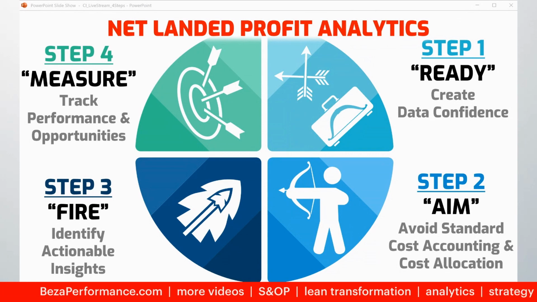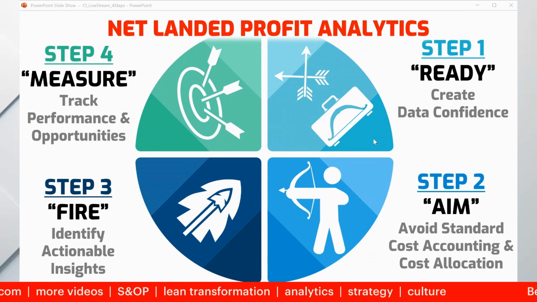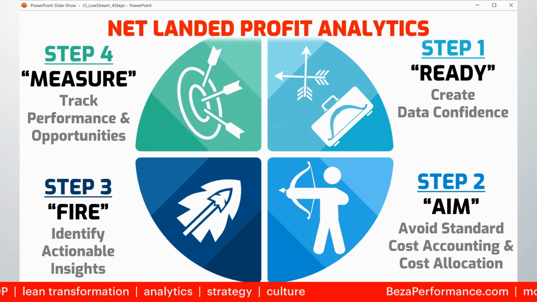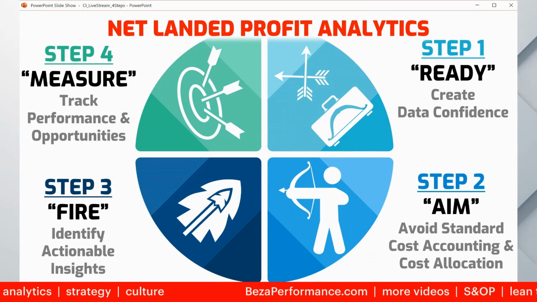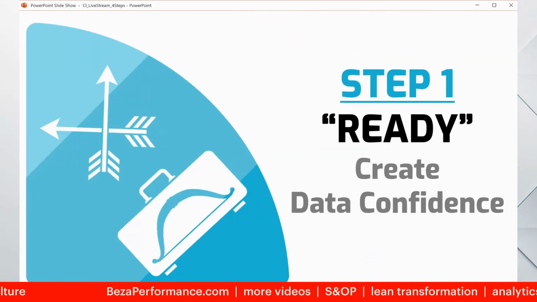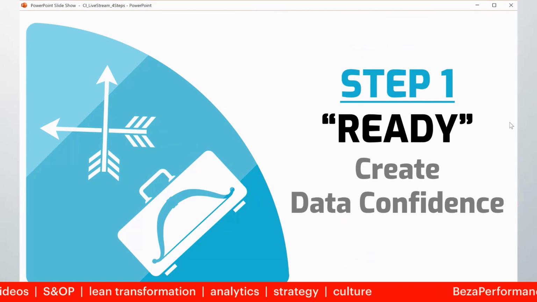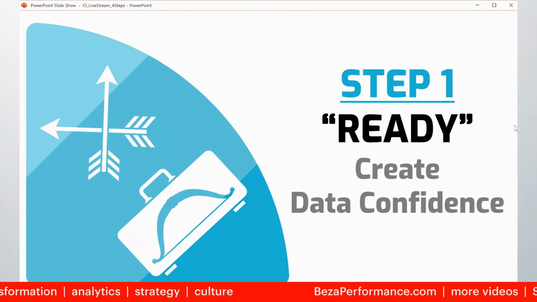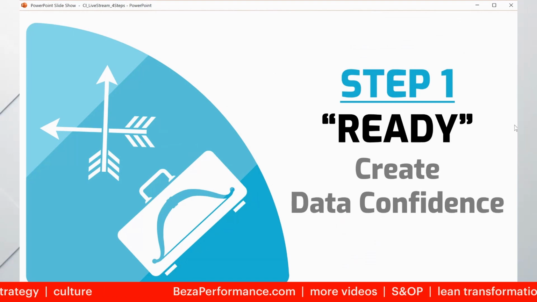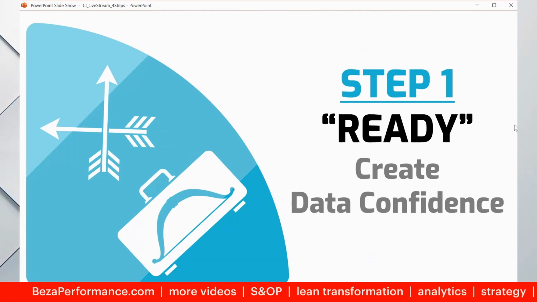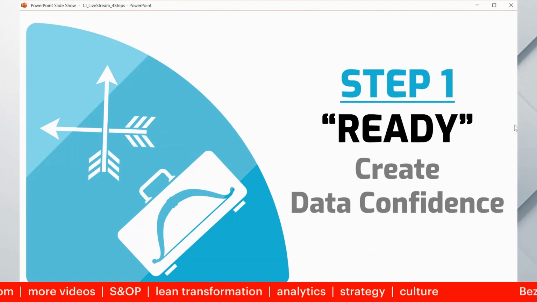Step one is data. Everybody knows the term garbage in, garbage out. But when you're talking about an end to end supply chain, and you're looking at every product, every way that product traverses your operational network, you can be into the billions of transactions. Typically for our customers, about 4 billion transactions.